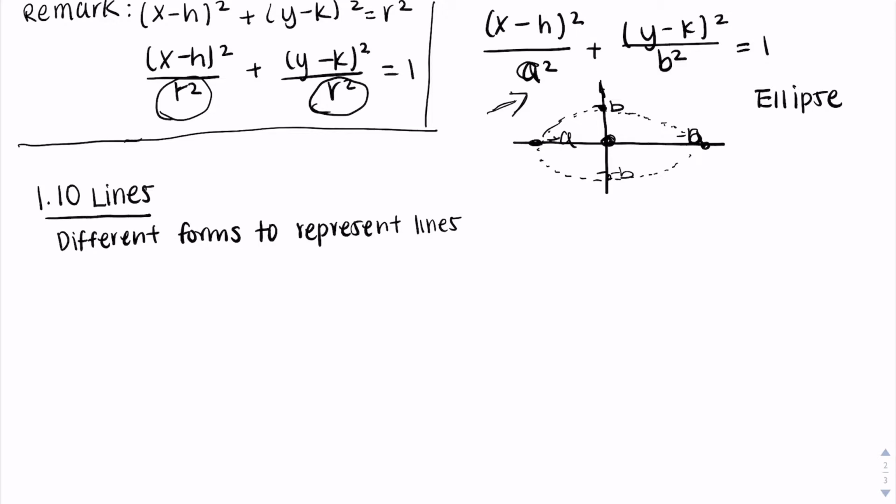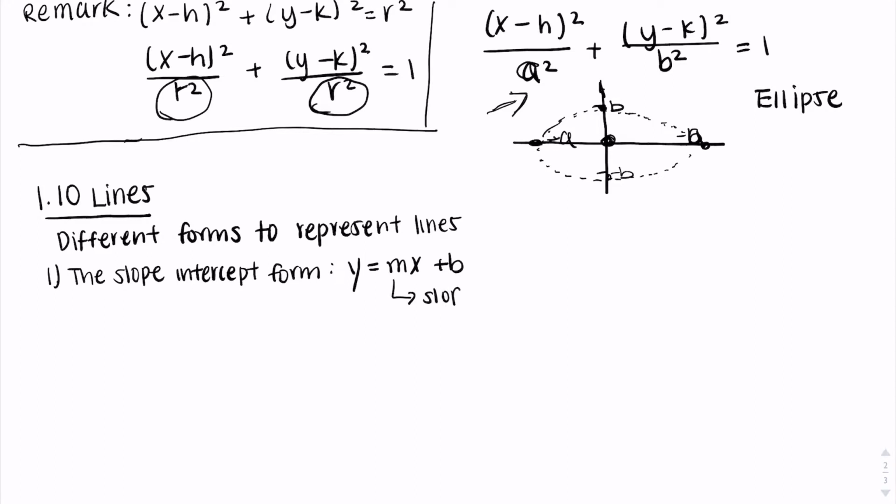So the first form is the slope-intercept form, which is written as y = mx + b, where m represents the slope of the line and b is the y-intercept.